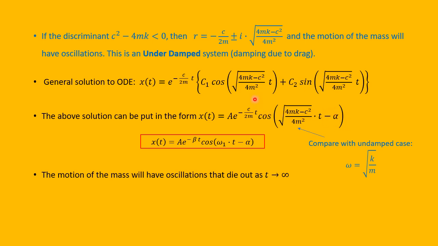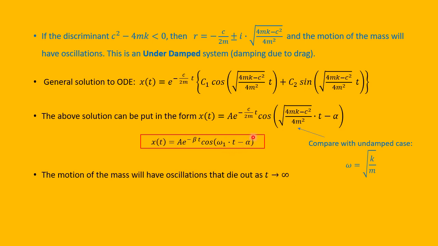If we call this stuff minus beta times t, and call this square root omega sub 1, this solution has the form x of t equals an amplitude, let's call it A, e to the minus beta t cosine of omega sub 1 times t minus alpha.